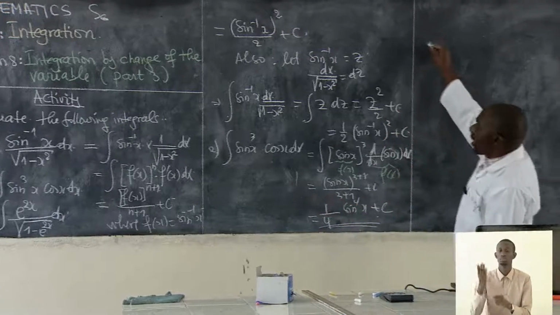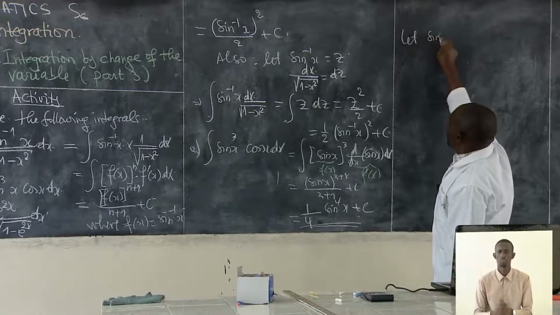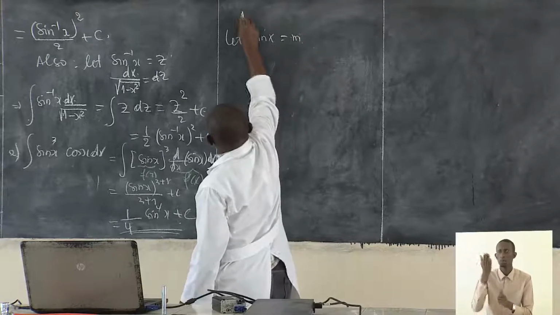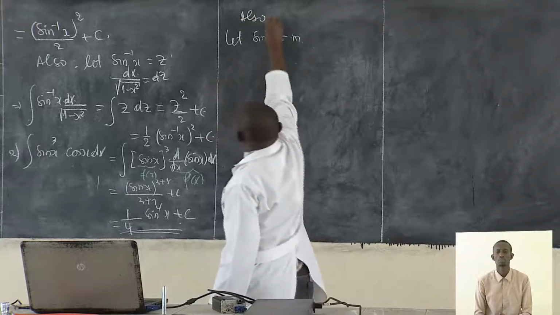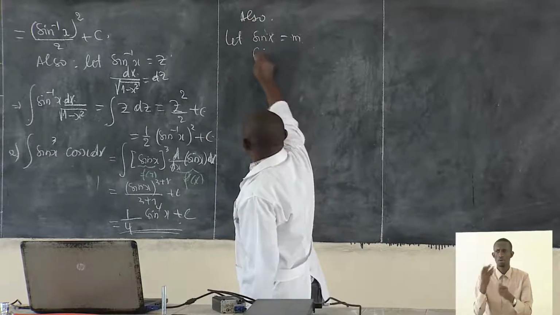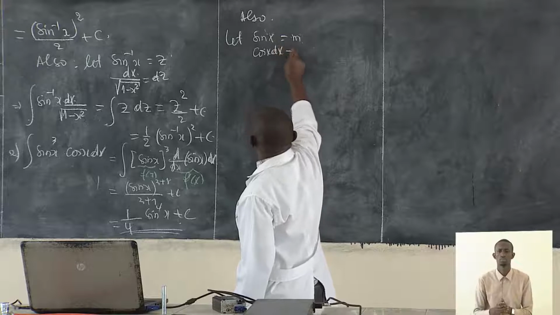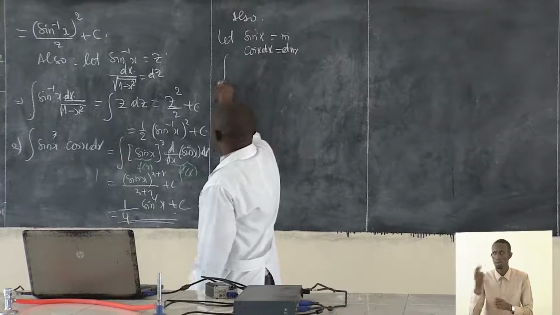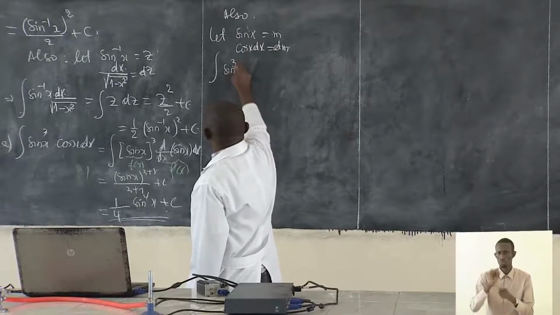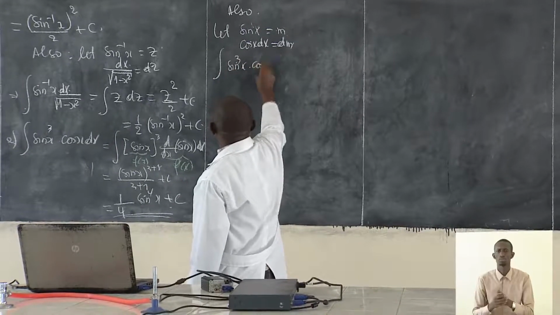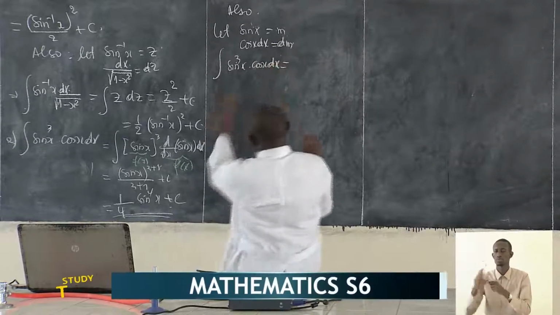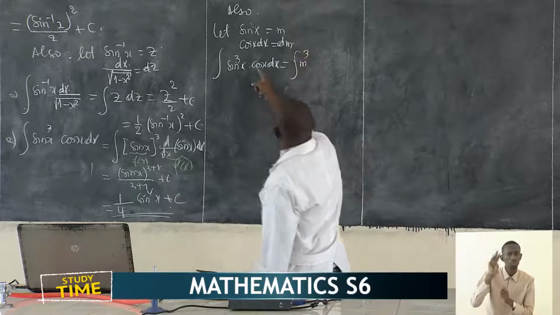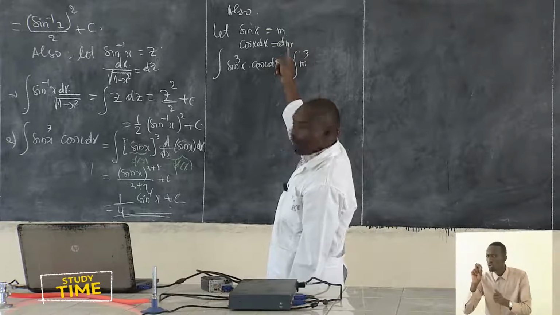Likewise, you can let sine x equal m, for instance. Then differentiating both sides, you'll have cosine x dx, which is equal to dm. Go back to our integral, you have sine cubed x times cosine x dx, which is equal to m cubed, then cosine x dx is dm.